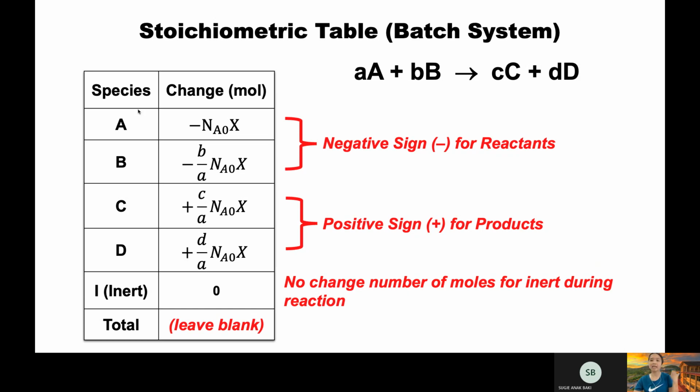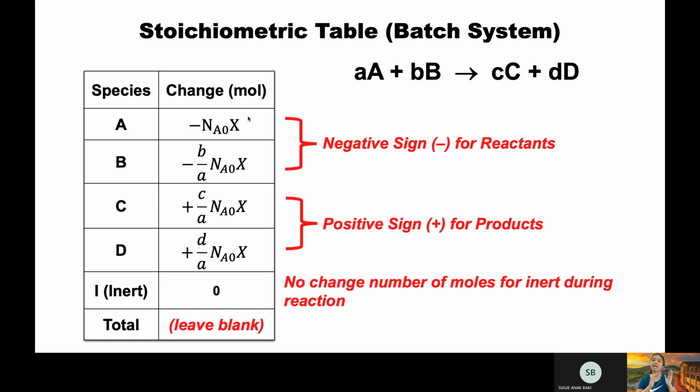Okay. Untuk A, how much A akan berkurangan semasa tindak balas is equal to minus Na0X. X is for conversion, NA0 bilangan mol. Why there's a negative? Sebab kan A reactant, A will be consumed. Bilangan mol itu akan berkurangan. So, berapa banyak dia berkurangan?